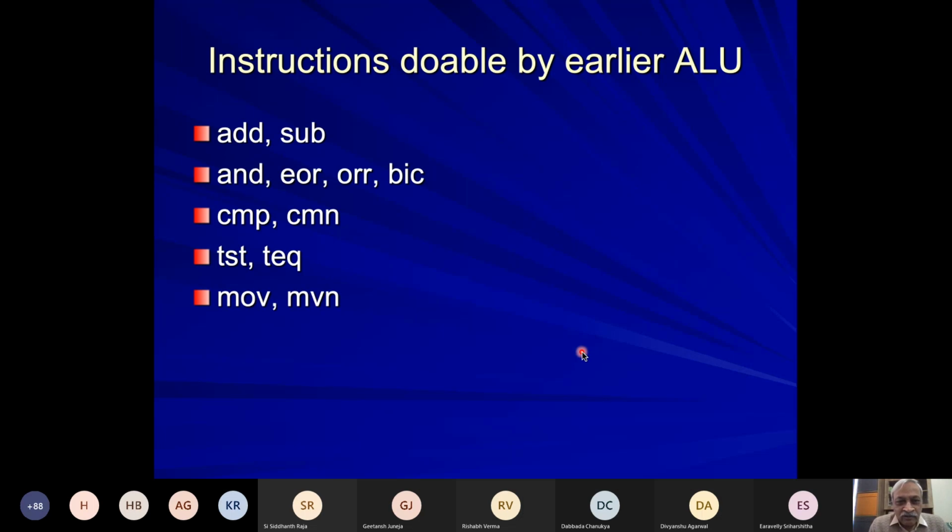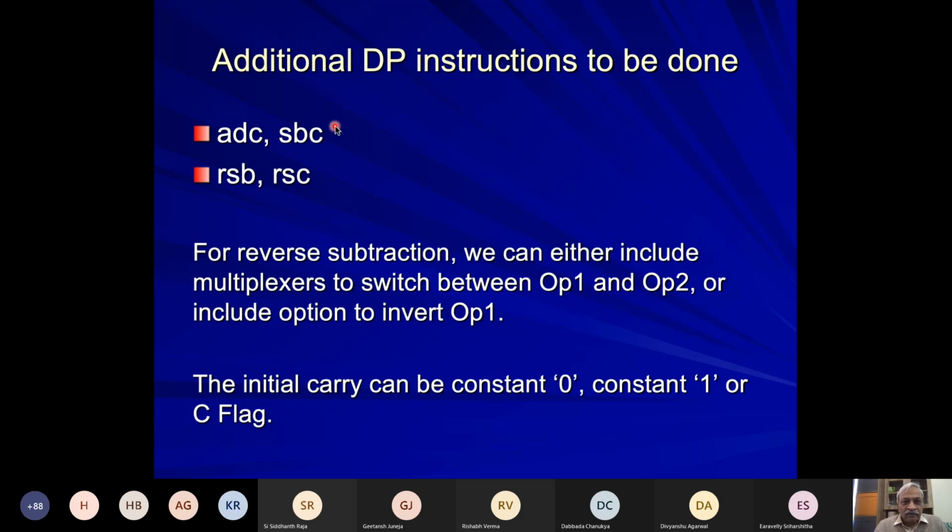So having done this, we have an ALU which can do these instructions: add, subtract, AND, OR, XOR, bit clear, both compare and test, move. Actually, we took care of reverse subtraction also and add with carry. For reverse subtraction, we can either include a multiplexer to switch between OP1 and OP2, or include an option to invert OP1. In the design which I've shown, we went for including an option to invert OP1.